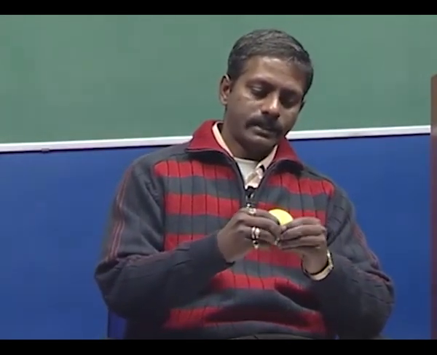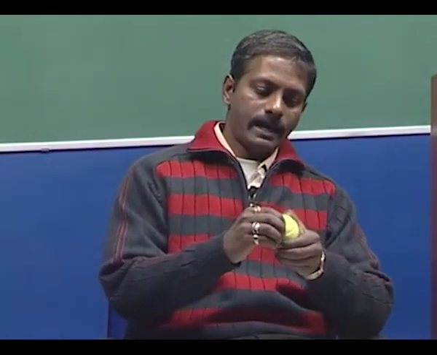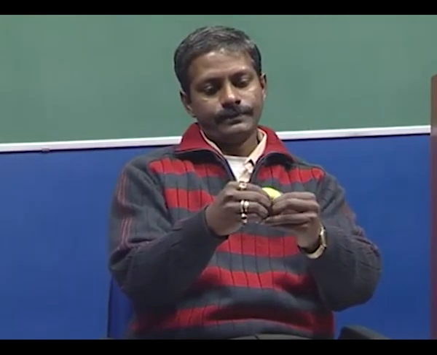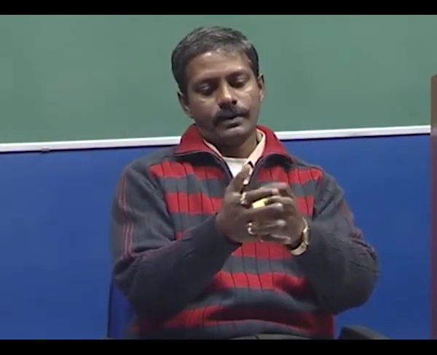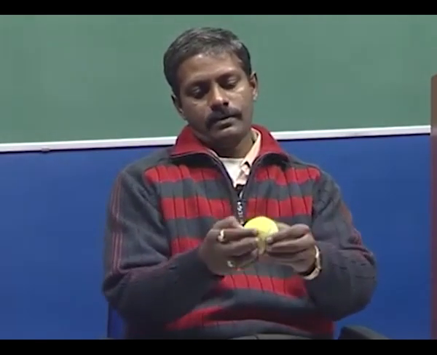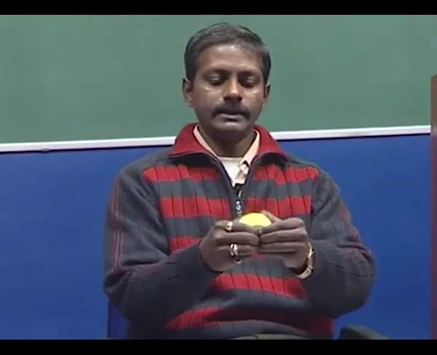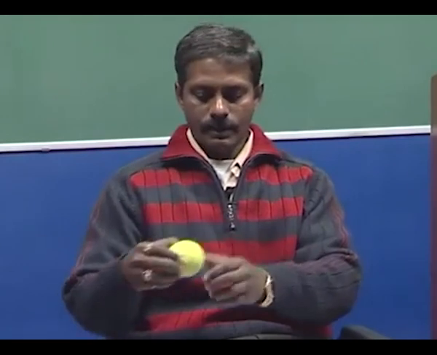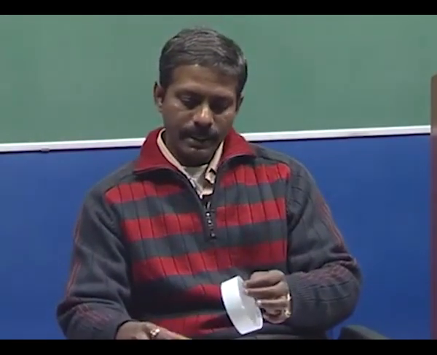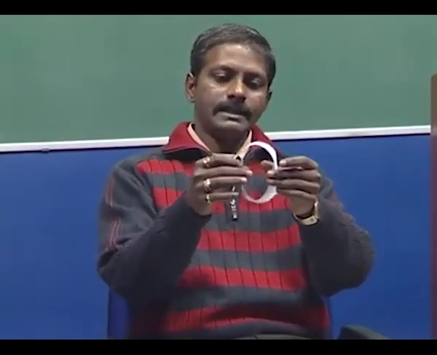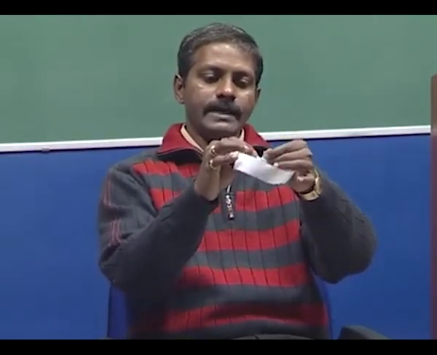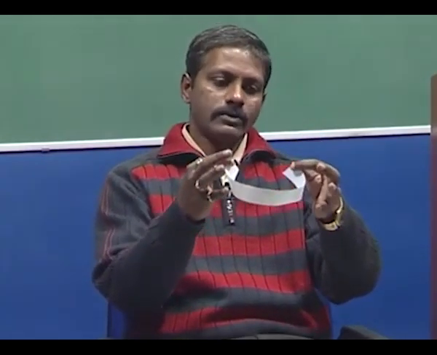I can squeeze this ball any way I like to distort its shape. This is allowed. The paper band example again. I can bend it, I can twist it any way I like. But tearing is not allowed.